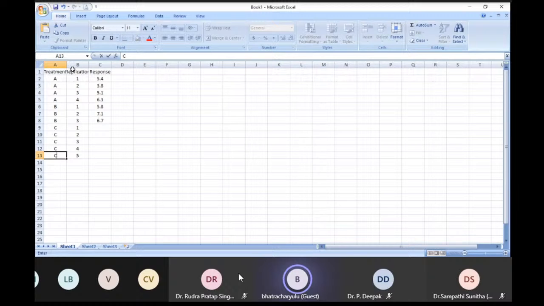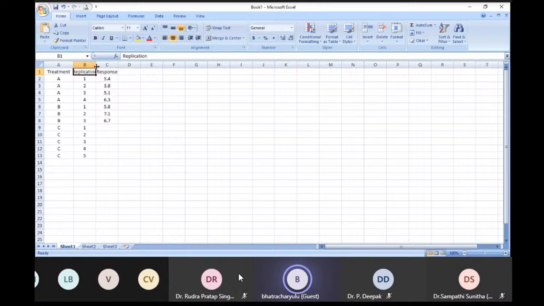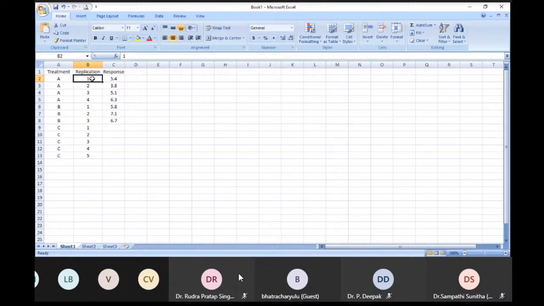So you write like this. Then under replication, you mention 1, 2, 3, so four replications, three replications, five replications. Under the response column, you enter the actual observations, like this.